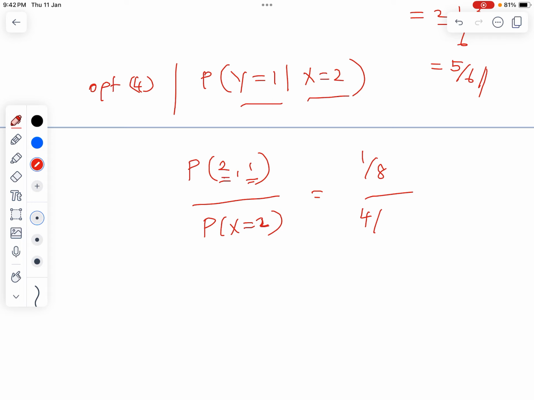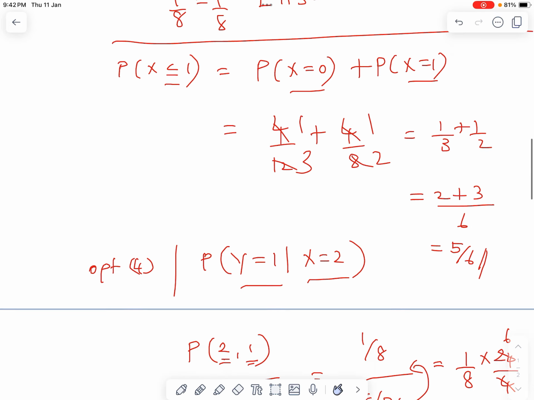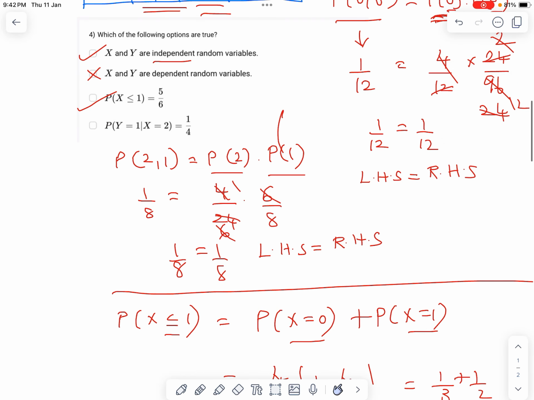Now while solving, 1 by 8 divided by 4 by 24, this value will get reversed while going up. 1 by 8 into 24 by 4. So 1 4s are 4, 6 4s are 24, 6 by 8, which is 3 by 4 as the answer. But while checking the answer options, it is 1 by 4 instead of 3 by 4. Therefore, it is a wrong answer.